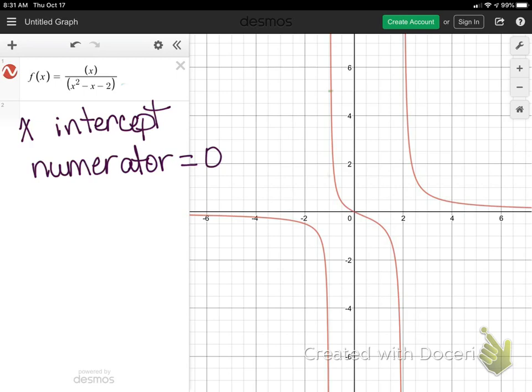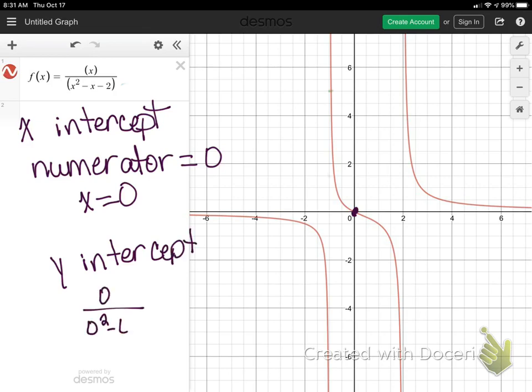Here, my numerator is just x, so x equals 0. That's my x-intercept. My y-intercept is when I plug 0 in for all the x's. So my y-intercept would be 0 over 0 squared minus 0 minus 2. So this is also my y-intercept.